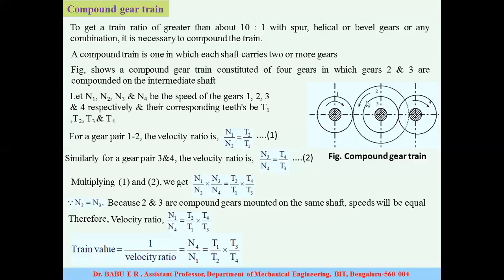Now gear 1 meshes with gear 2. So take the combination of gear 1 and gear 2.